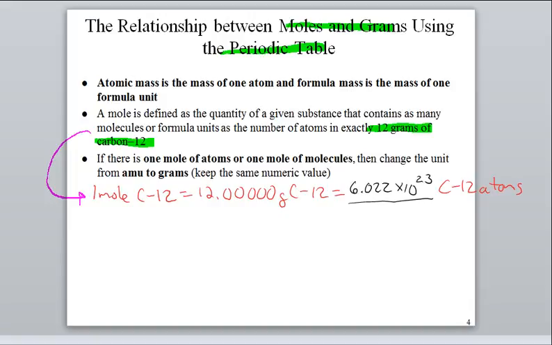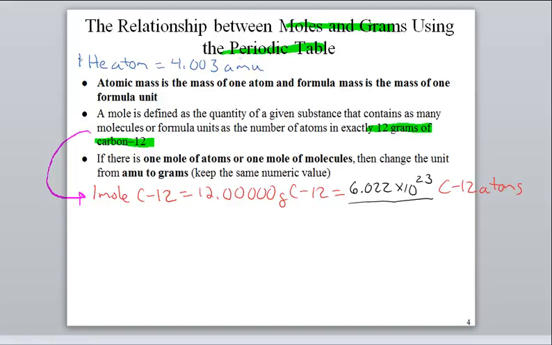Because AMU in its definition is based upon carbon-12 and the mass of carbon-12 is exactly 12 AMU, we're going to come up with this next relationship. If I had 1 helium atom, like we said on the previous page, 1 helium atom is 4.003 AMU.